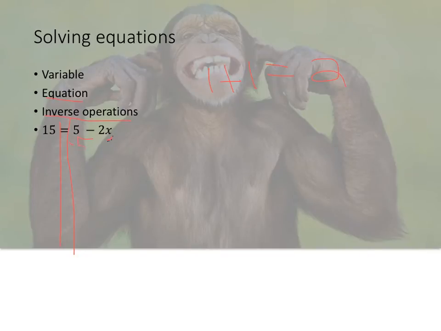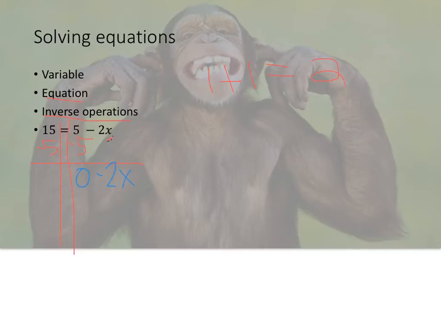So the opposite of a positive 5 is a negative 5. Now, the thing with an equation is they have to be true on both sides, or they have to be balanced. So if we have minus 5 on this side, we have to have minus 5 on that side. When that's all done with, we have 5 minus 5 is 0. It's gone. That's what we wanted. I'm going to bring down this minus 2x.